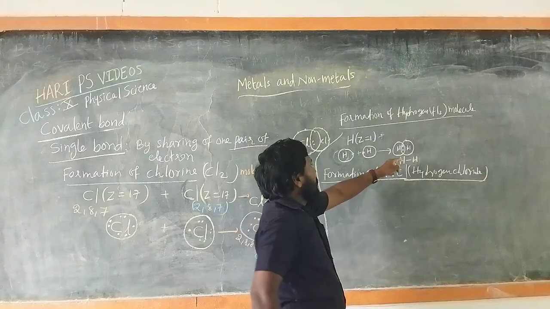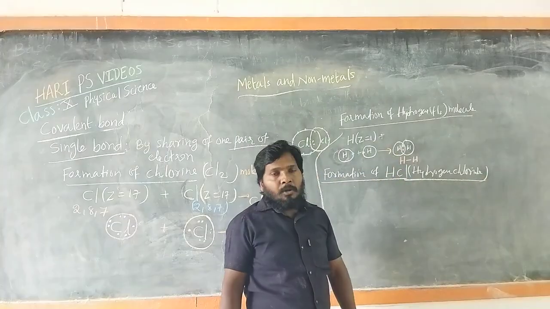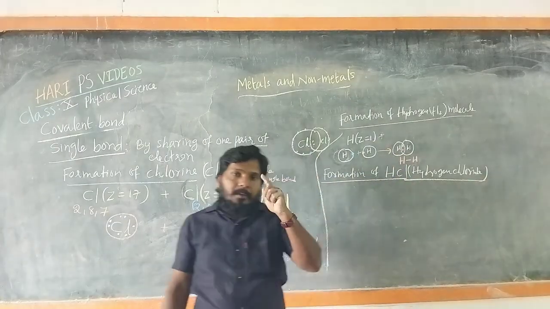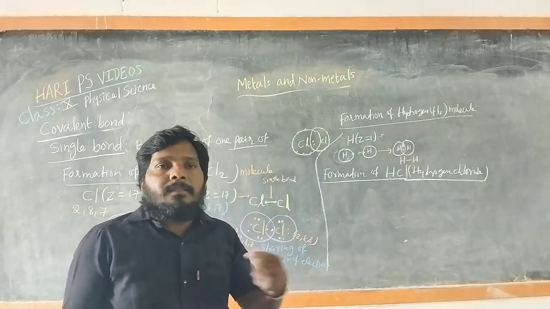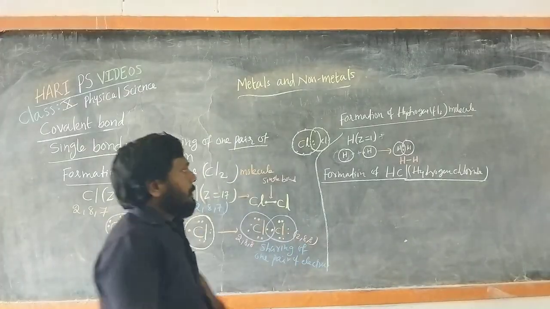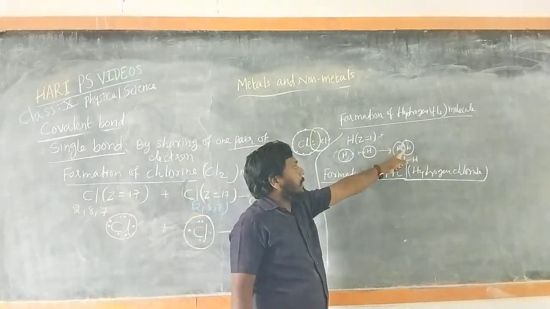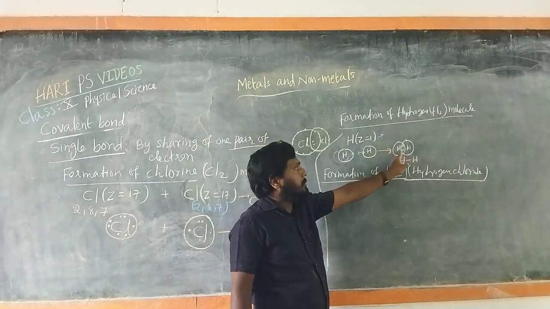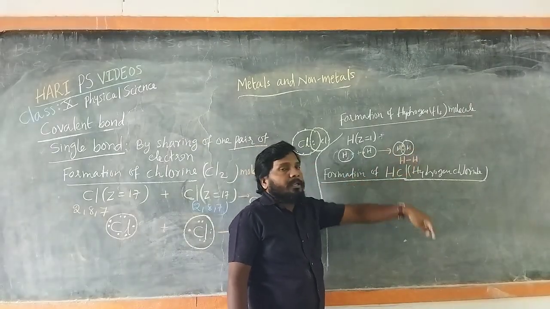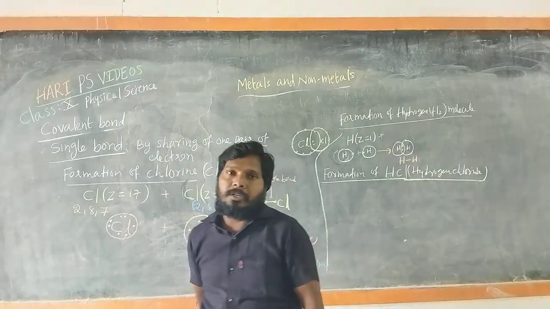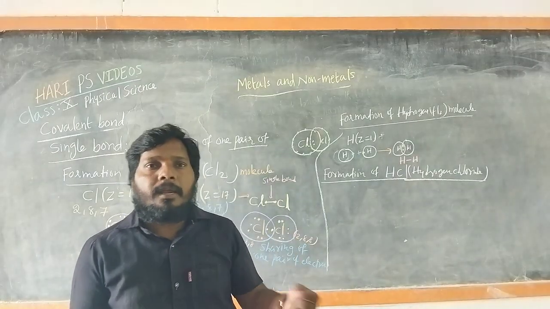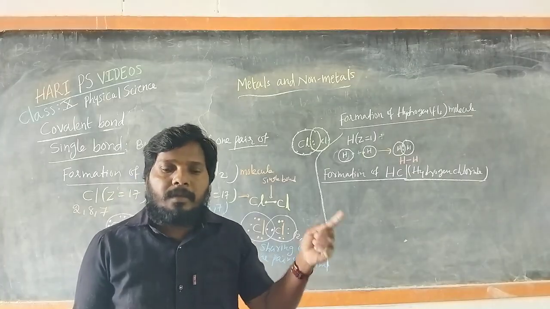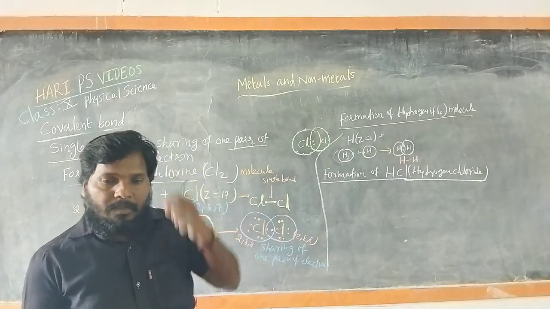See here, two electrons are in the outermost shell. As we know, if an atom has two electrons or 8 electrons, that atom gets stability. Here this hydrogen has two electrons, this hydrogen has two electrons. By sharing the electrons, both the hydrogen atoms get stability and form hydrogen gas.